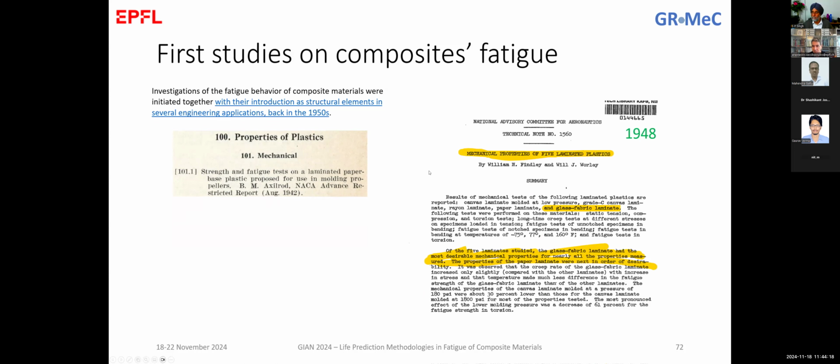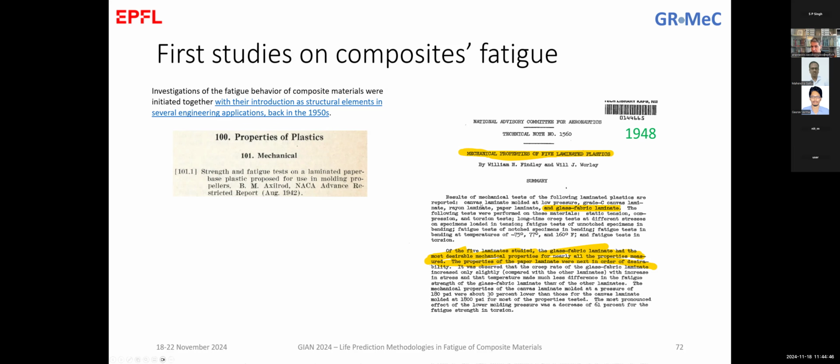And then in 1948, we have this document again from the US Aeronautics Advisory Committee discussing the mechanical properties of laminated plastics. And at that time, they were discussing, among others, glass fiber laminates.